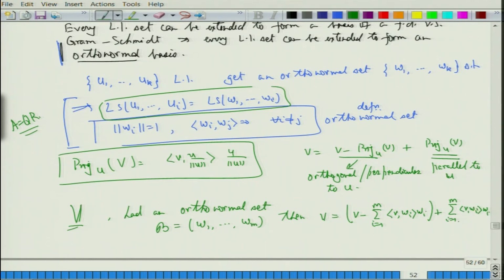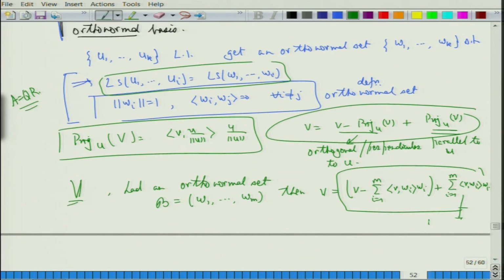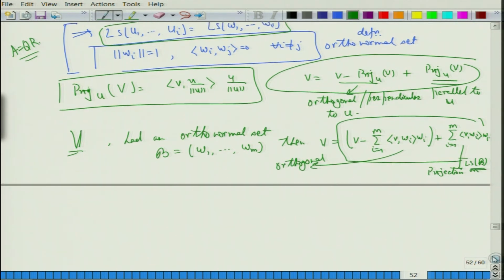This decomposition is similar to the earlier one, they are the same in some sense. You can see there is V minus something, V minus projection. So, these are the projections on the linear span of this B, and this is the orthogonal part.